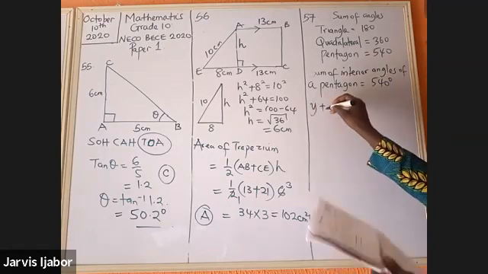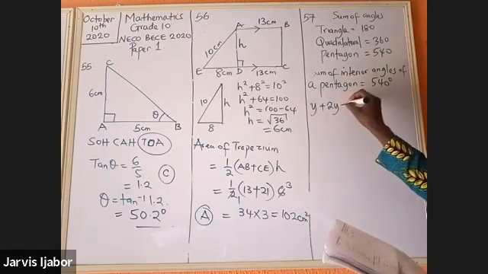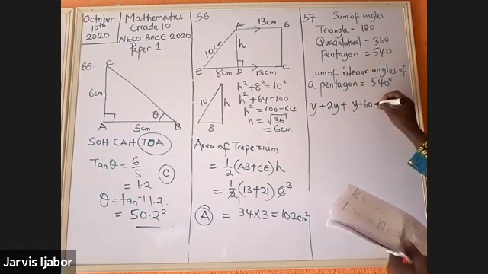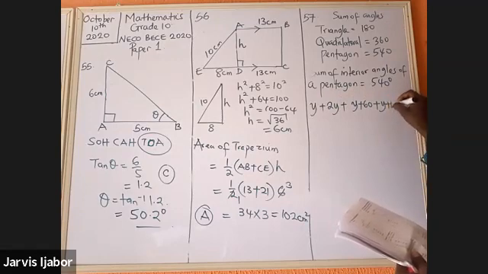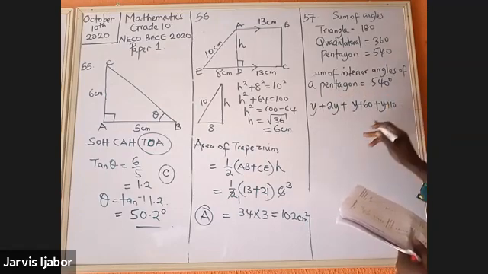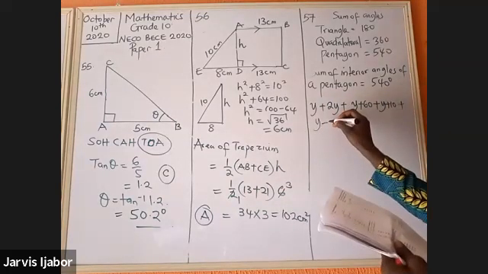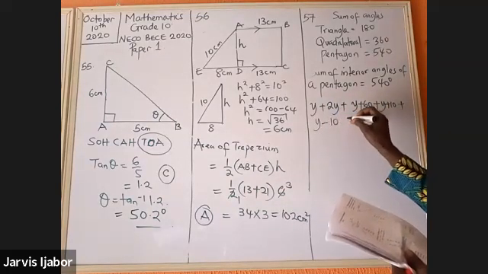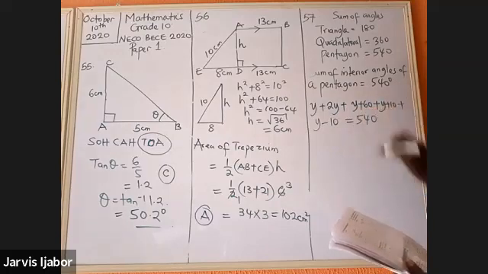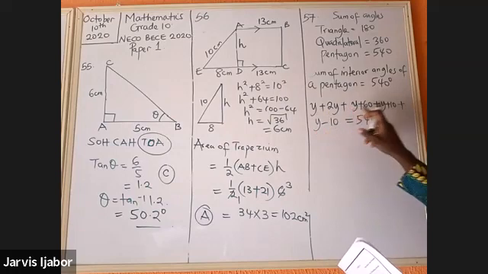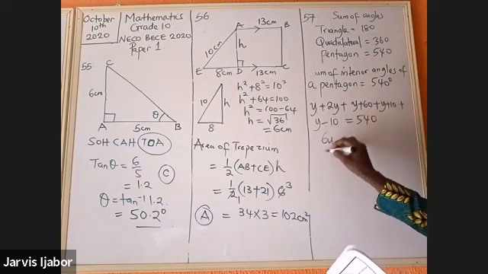y plus 2y plus y plus 60 plus y plus 10 plus y minus 10 will be equal to 540 degrees. So you put them together: 3y, 4y, 5y, 6y.